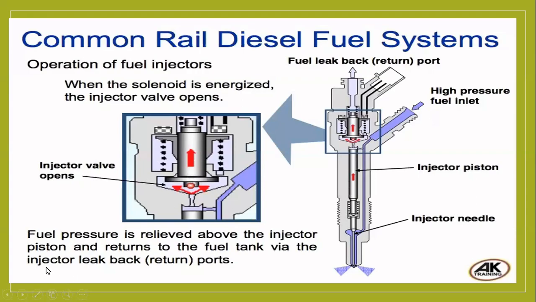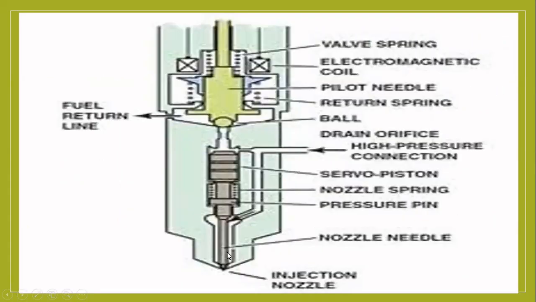That is called injector leak back. Some injector pumps also have excess fuel that goes back to the fuel tank. There are back lines there. Inside the nozzle components there are a valve spring and an electromagnetic coil.